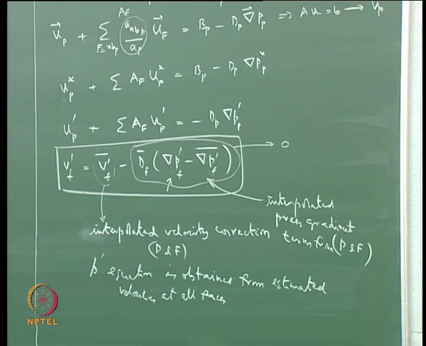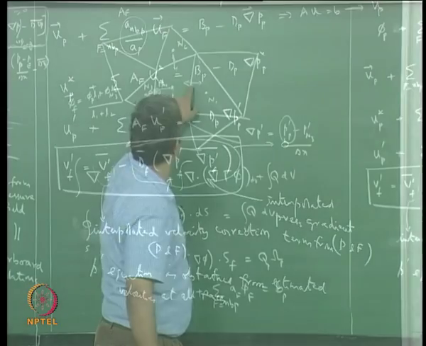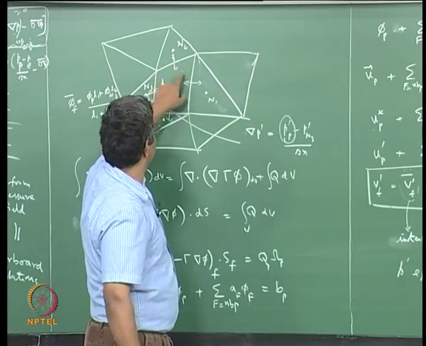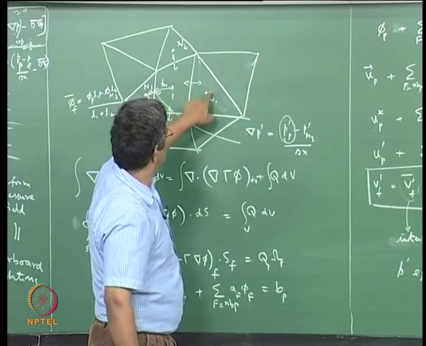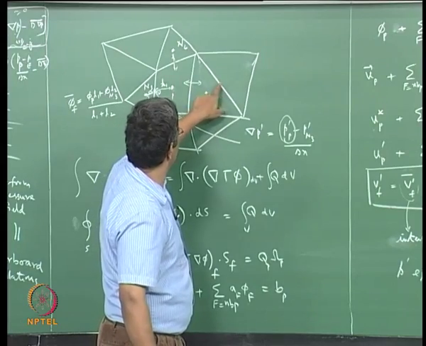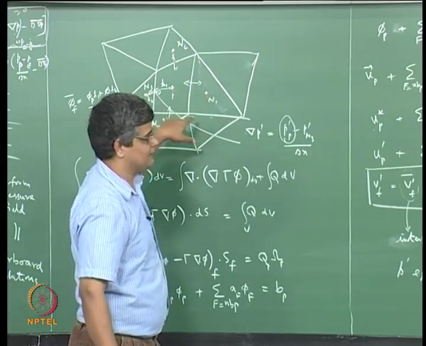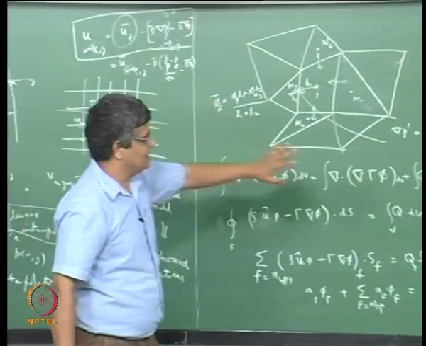So this is done at each phase. If you have 4 phases, we will do it for 4 phases. For this particular volume, we will be getting one here, and one here for the 3 phases. So in that sense, this can be applied.